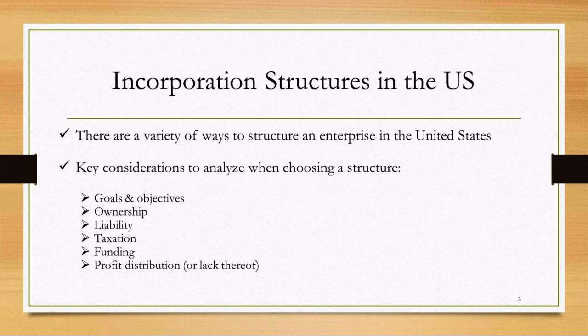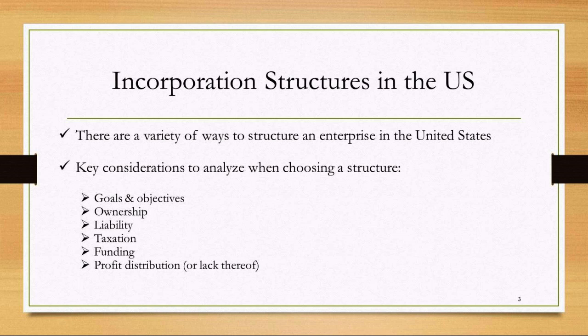When looking at the structures that are available in the US, these are some of the key considerations we should be thinking about. The goals and objectives of the enterprise, and the ownership: who are we considering being a part of our entity? Is it ourselves? Is it our families? Are we thinking of potentially growing this enterprise beyond an immediate source of funding and potentially partnership opportunities?